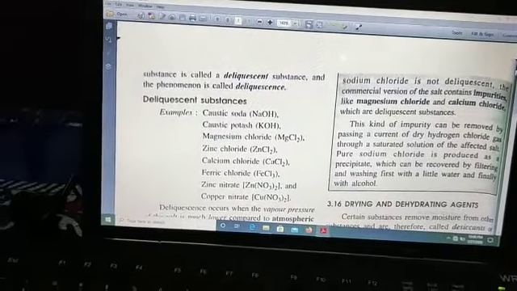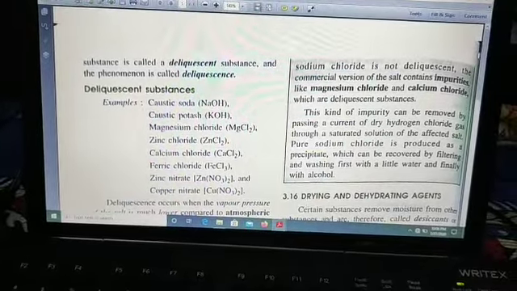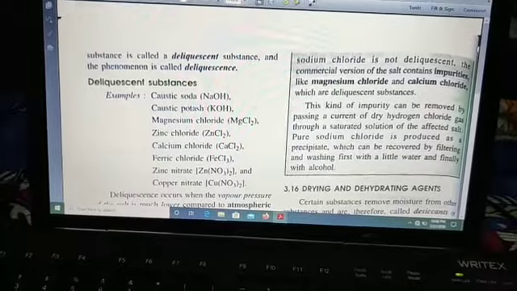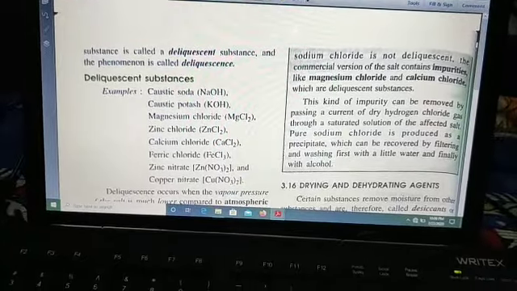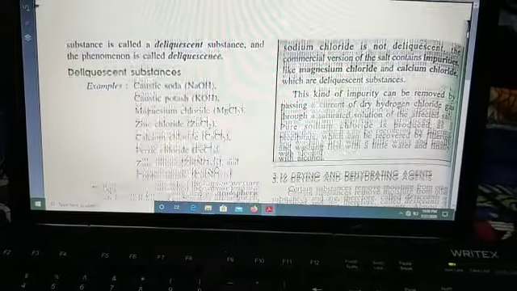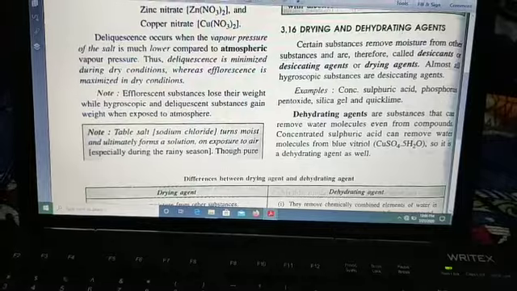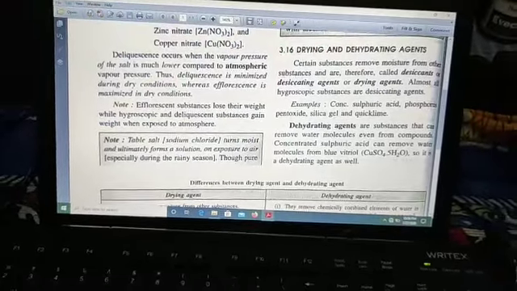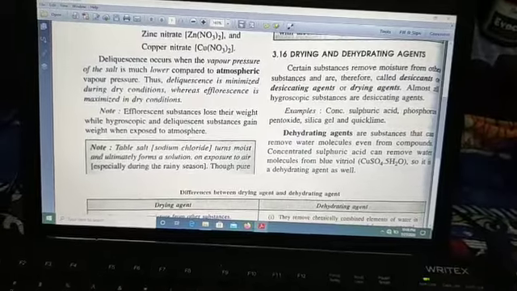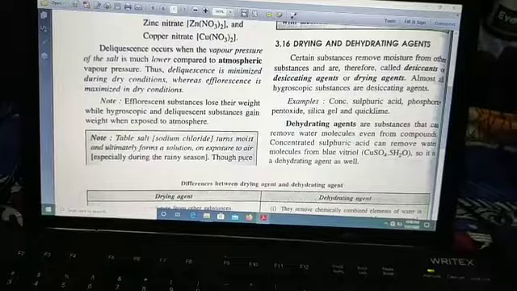The examples of such compounds are caustic soda, that is sodium hydroxide, caustic potash, potassium hydroxide, magnesium chloride, MgCl2, and calcium chloride. Now, for example, during the rainy season, table salt, the common salt that we take in our food, turns moist and sometimes forms a saturated solution if it is exposed to the air.